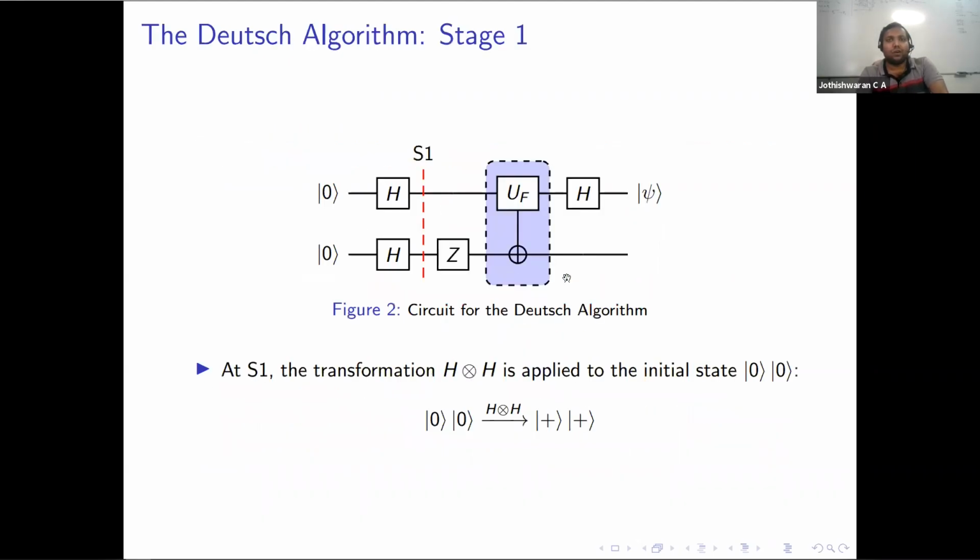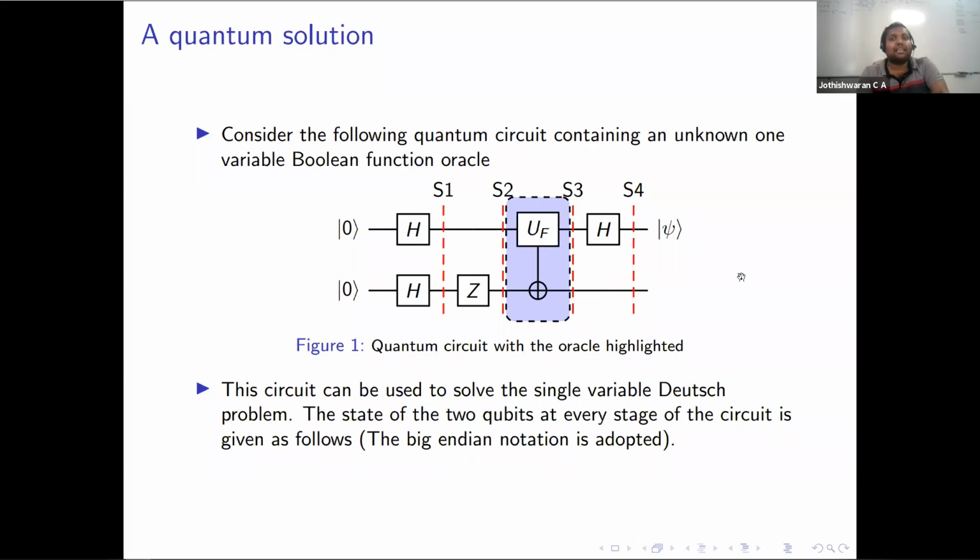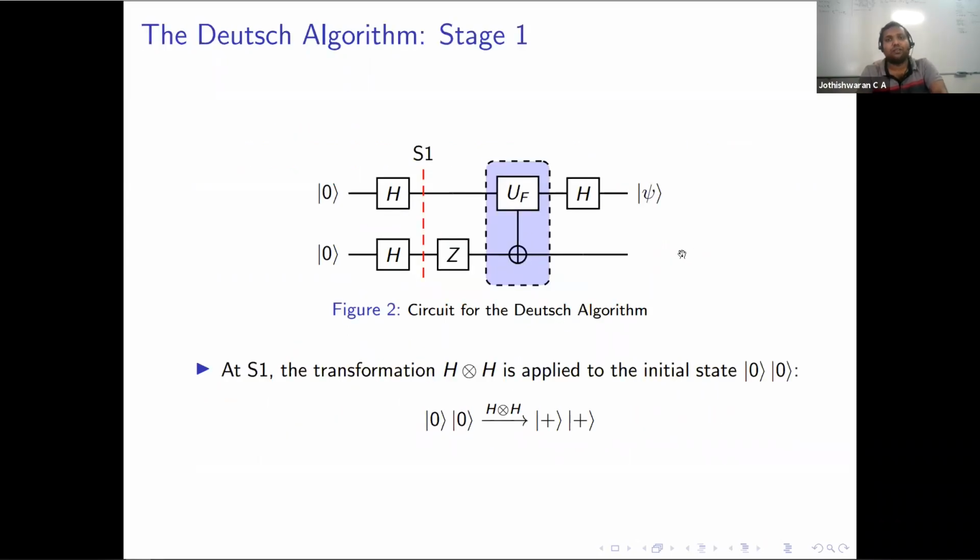So now let us evaluate the algorithm stage by stage. Now you can ask, why have I marked a separate vector ket psi over here? It will become apparent towards the end. So now at stage S1, the transformation H tensor H is applied to the initial state 0, 0.